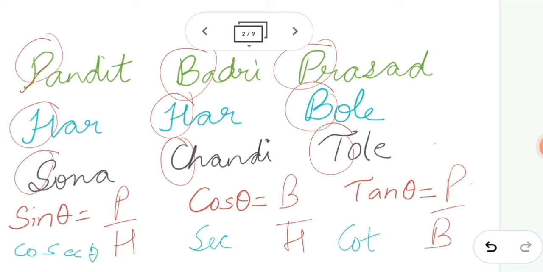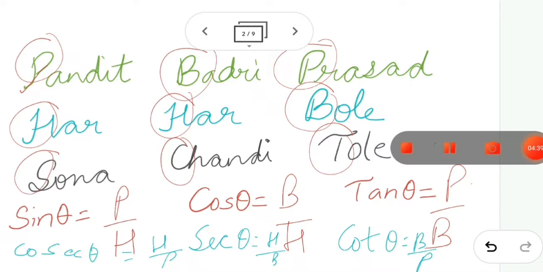So cosecant theta will be equals to hypotenuse upon perpendicular, just reciprocal of it. Secant theta will be hypotenuse upon base, reciprocal of cos, and cot theta will be base upon perpendicular, that is reciprocal of tan. So this is how we can remember this.